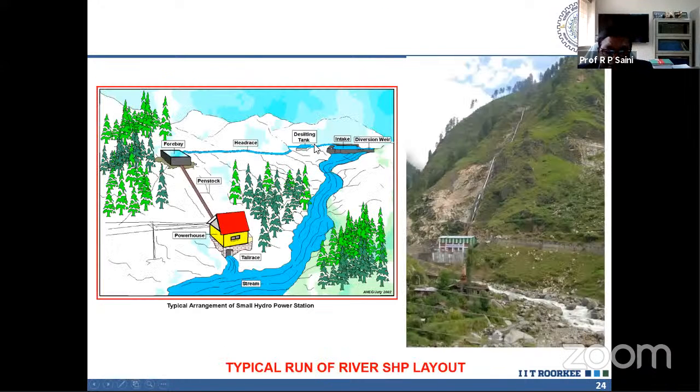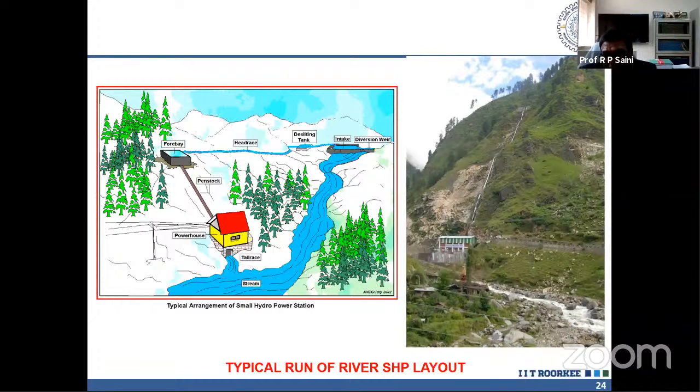Up to this point is the cross section of the channel, but when you increase the area, the velocity of water will be very calm here, because the same quantity flows over a larger area, so velocity will be less. When the velocity is very low, these silt particles or pebbles get settled down.